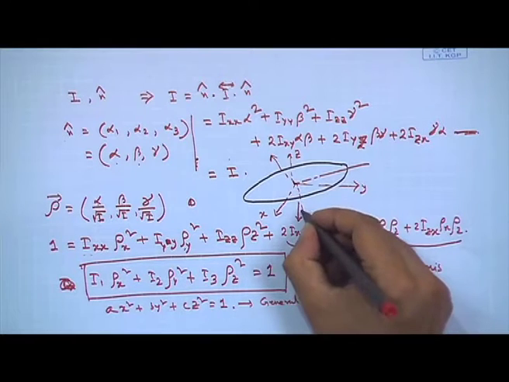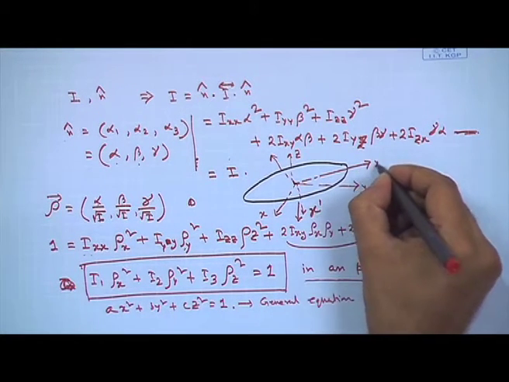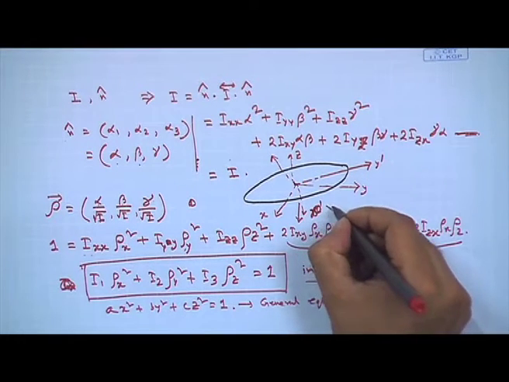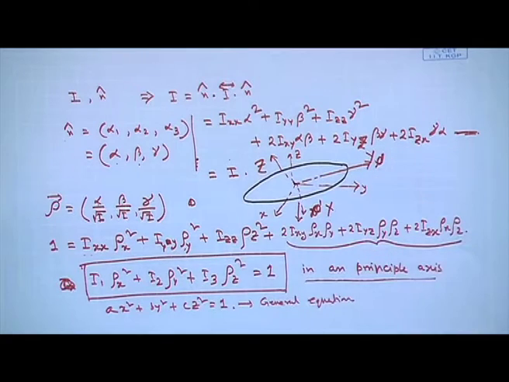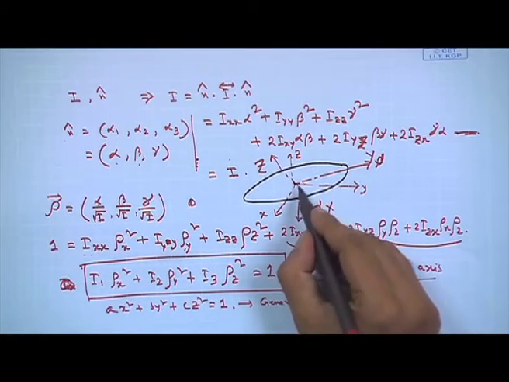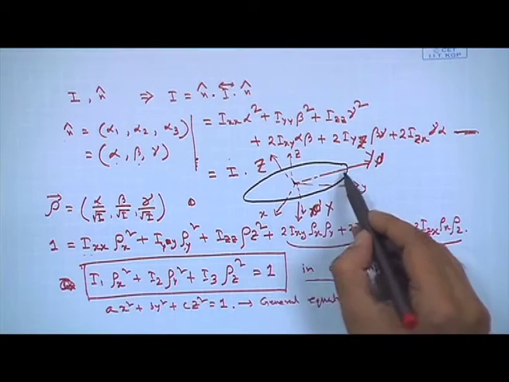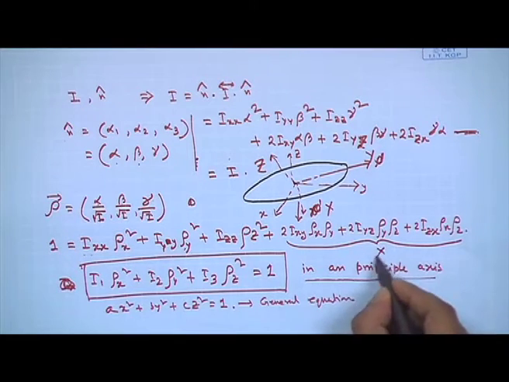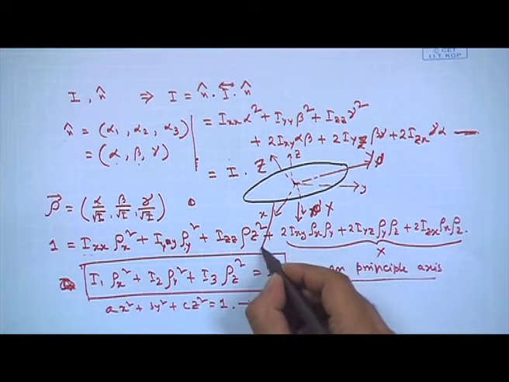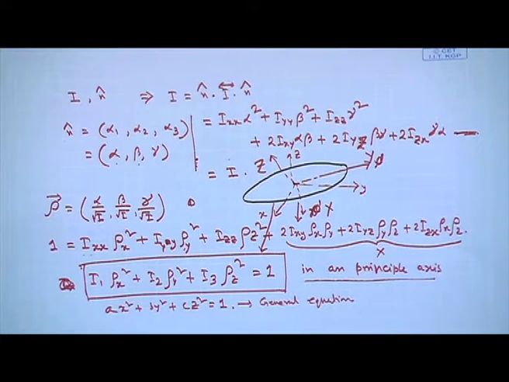Okay, so let us call it the x prime, y prime, or rather I would call it the capital X, capital Y and capital Z axis system, for which the cross terms, because the axis system is now following the symmetry of this ellipsoid surface, all become 0 and the equation reduces to this. So this is called the ellipsoid of inertia.